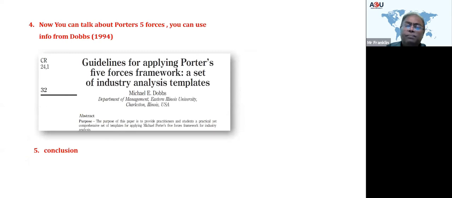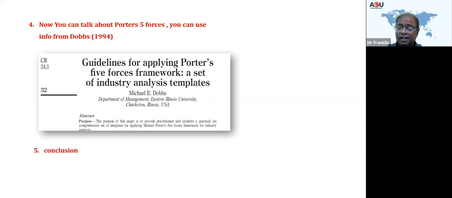And then the conclusion part, after you talk about both, you talk about the conclusion. In the conclusion part, you can talk about the challenges. Remember, we just saw the other article. According to this guy, he said that it's easier to do a TOWS matrix rather than Porter's five forces. Because with Porter's five forces, what are the challenges you have? Maybe you can just state that. So in your conclusion, you can say this thing.